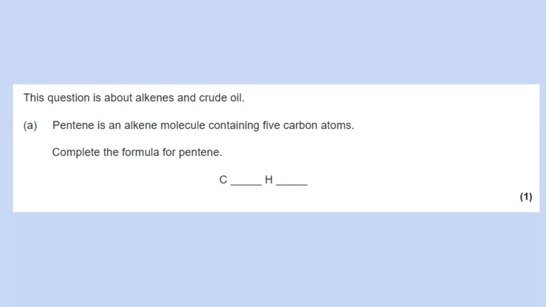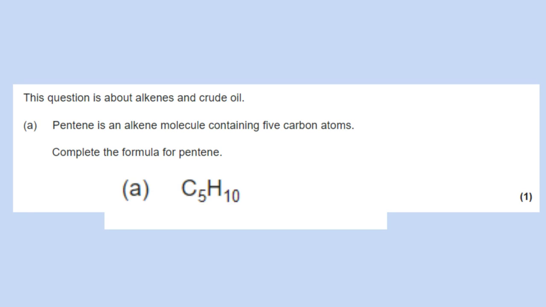So it's asking for the formula of pentene after it's told you that it's got 5 carbon atoms in it. So you should be able to fill in C5 easily. And then remembering alkenes, the general formula, should fill in C5H10. Okay, worth a mark. That mark might be the difference between a grade. So it's really important you have a go at these.